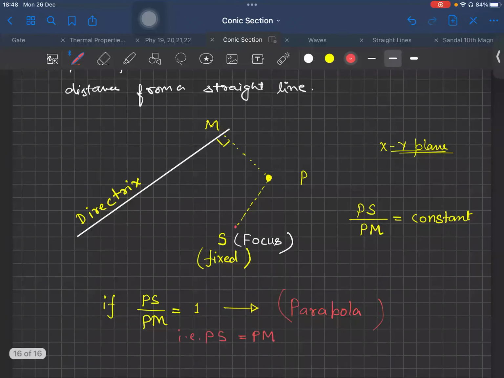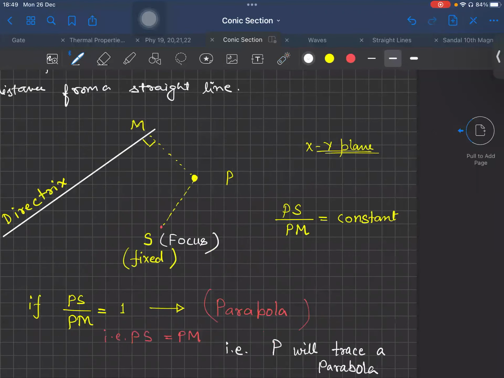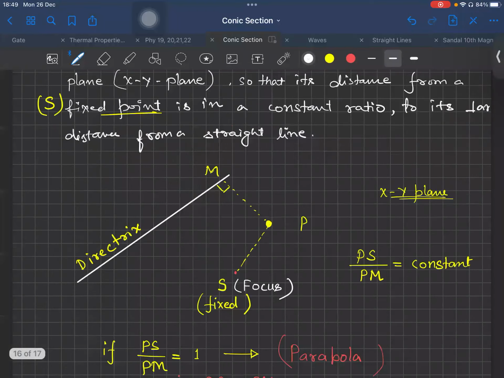So when this length is equal to this length, then we call it a parabola. The locus of this point P, wherever this point P can move, it will be moving only on a parabola. So let me write it here, I.E., that means P will trace a parabola. Okay, understood?